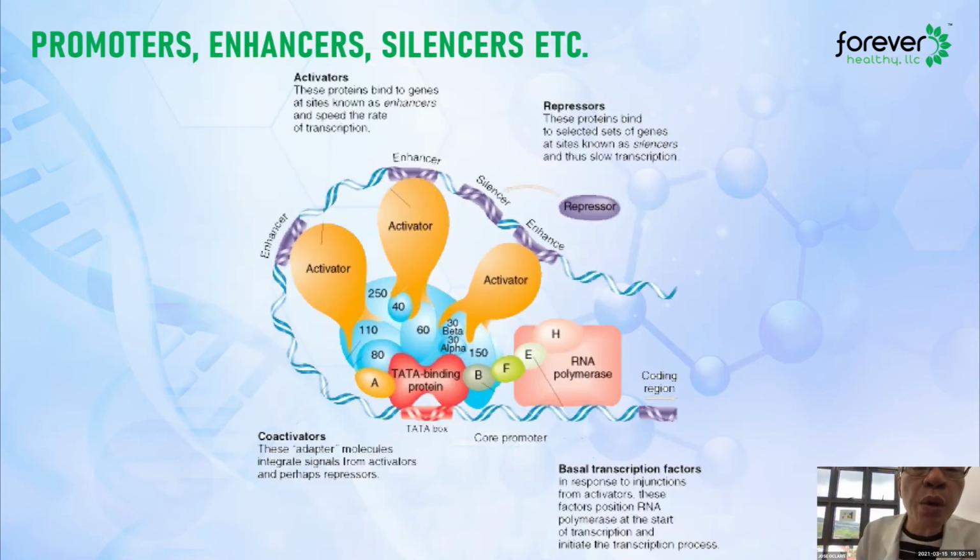There are also promoters and enhancers or silencers in the gene. Remember, gene expression is nothing without the promoter. The recipe cannot be translated into protein without the promoters, enhancers, and silencers. You can see in this diagram that there are proteins called activators.